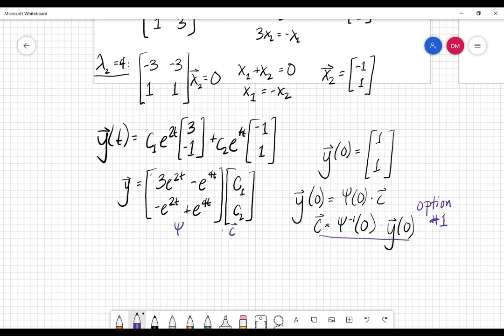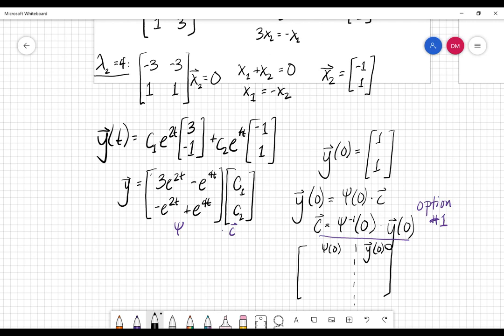The other option would be to do this in an augmented matrix. So if you took psi of 0, did I say psi or y?